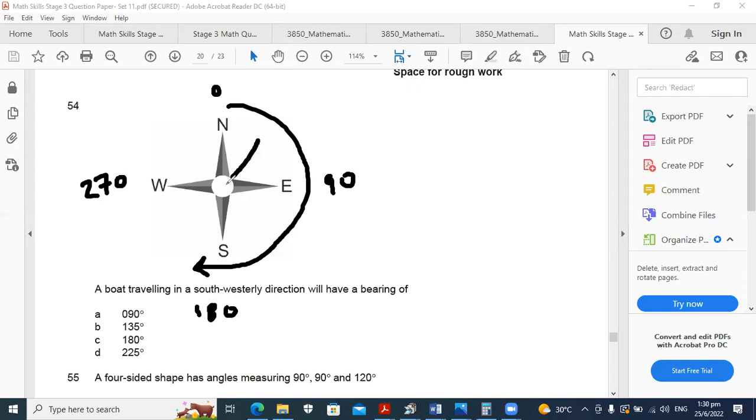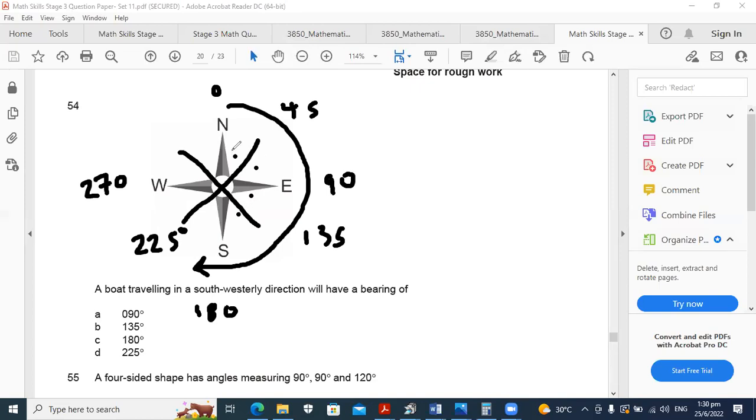In between, you see, is 45. So 90 plus 45 is 135. All right, 180 plus 45 is 225. So in between each is 45.